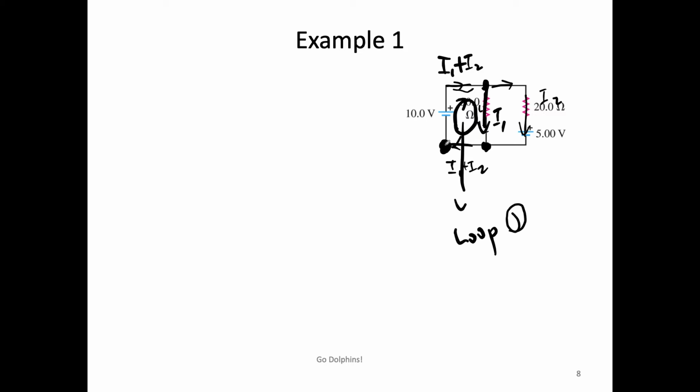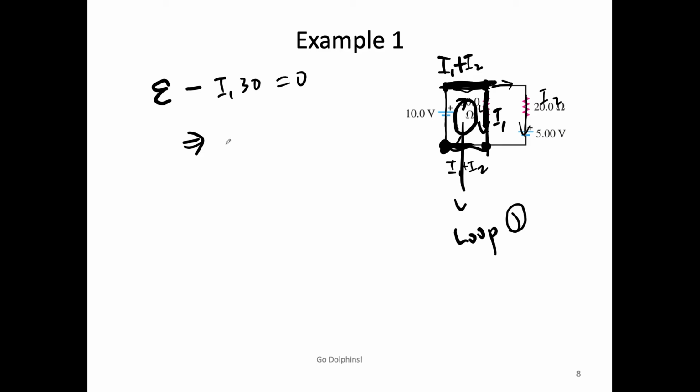Going along the loop, across the battery to the other side, I should write epsilon, which is 10 volts, from here to here. Here the current is I1 plus I2, but there are no circuit elements, so the potential difference is 0. Now it goes down, with current I1, through the 30 ohm resistor, so we subtract I1 times 30 ohms, equals 0. It goes back to where it starts.